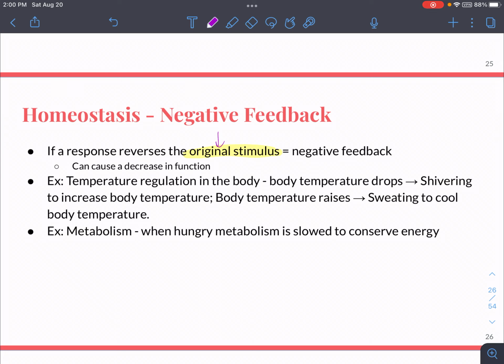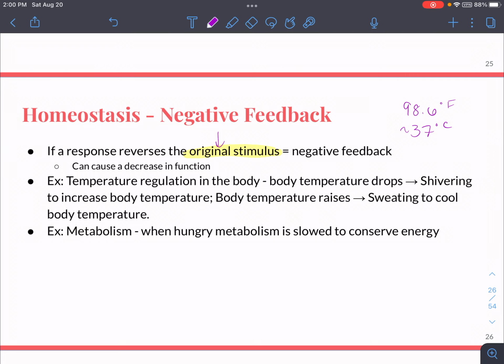So your normal body temperature is usually 98.6 degrees Fahrenheit, or approximately 37 degrees Celsius. Somewhere in that range. Your body tries to maintain that temperature. So if your body temperature goes up, it's going to sweat to try to get back to that 98.6.